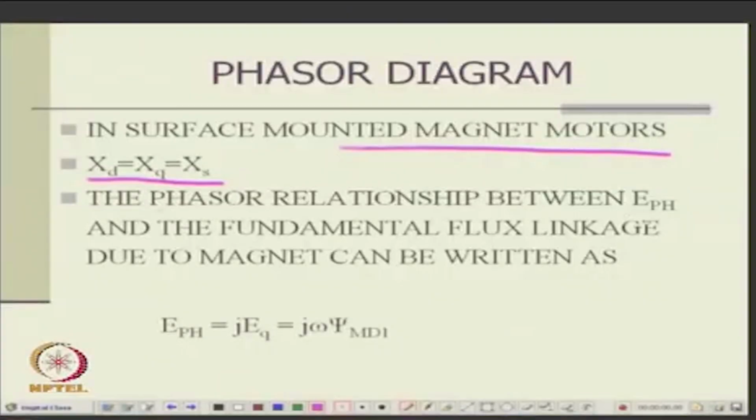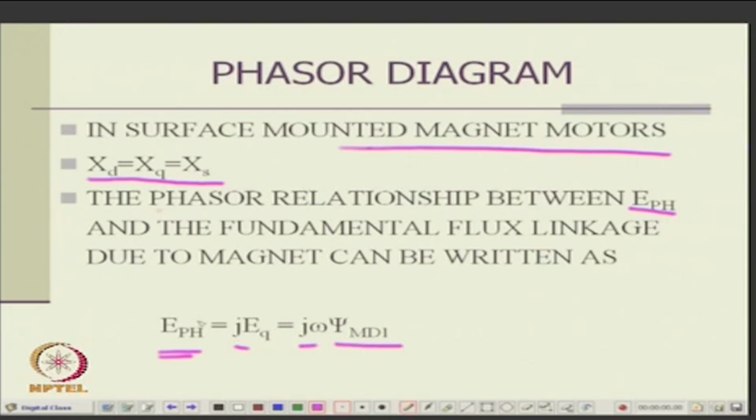The phasor relation: the voltage induced per phase will be j times E_q, right, that is j times omega into the flux linkage lambda_md, that you know, right.